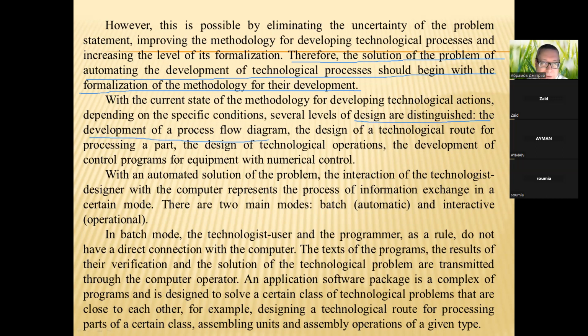It's important: levels of design and designation.